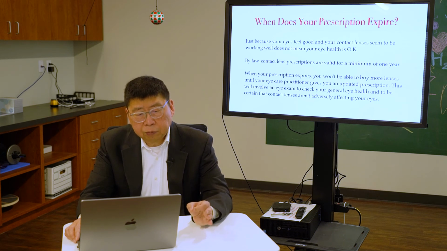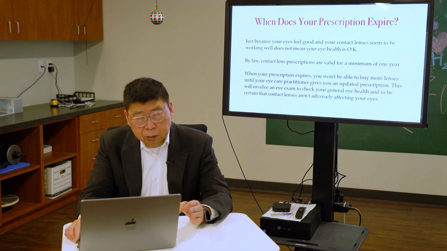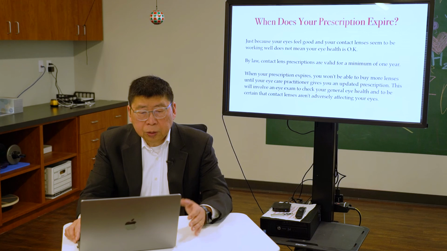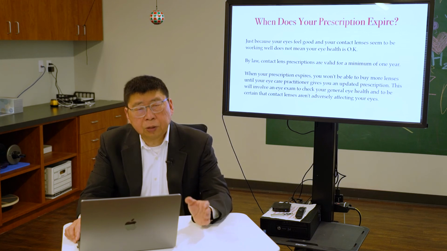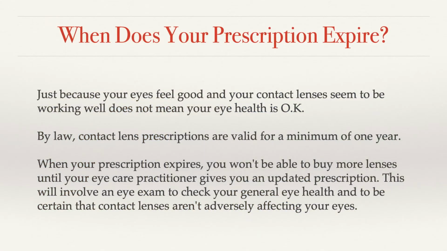Different lenses fit different purposes, different types of eyes, and different health requirements. Just because your eye feels good and your contact lens seems to be working doesn't mean that your eye health is good. That's why there is a prescription expiration date. Usually the prescription expires in about a year to make sure the patient comes back to the eye doctor so the lenses are fit correctly and the eye is still healthy.